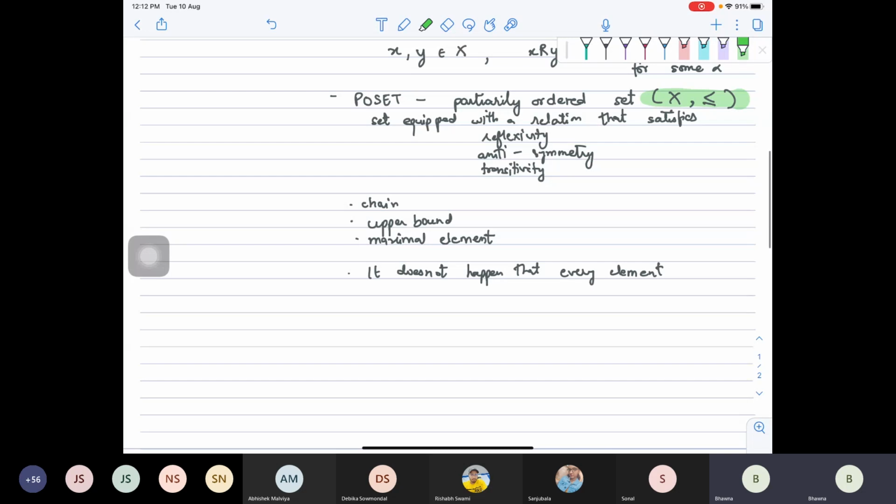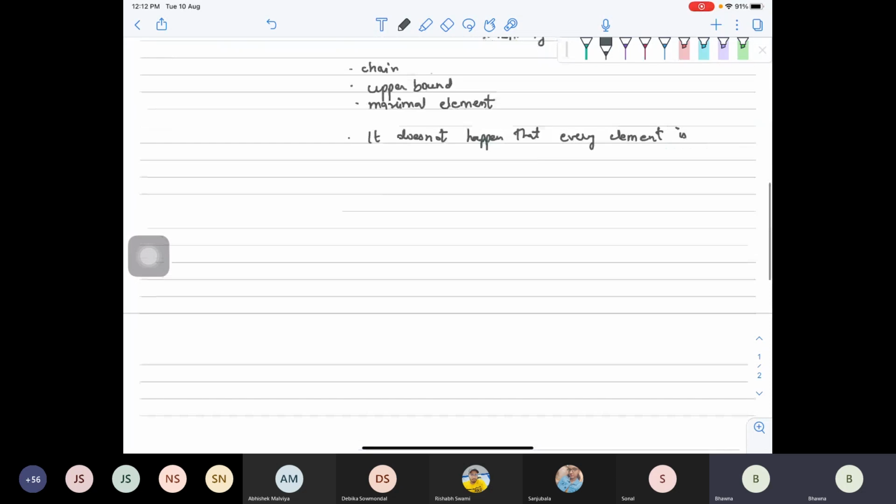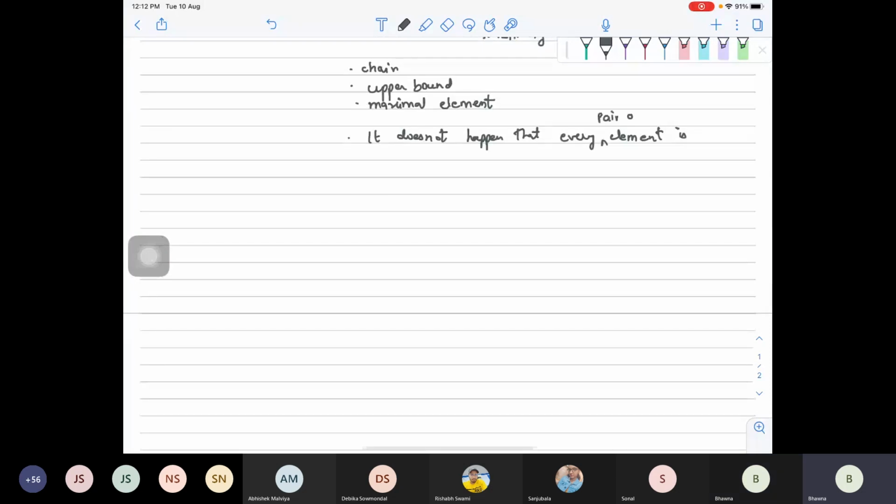So it does not happen that every pair of elements is comparable. If every element is comparable to each other, then we can always arrange the elements in a chain-like fashion.